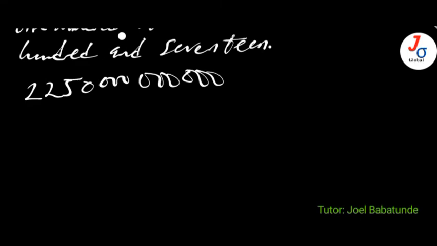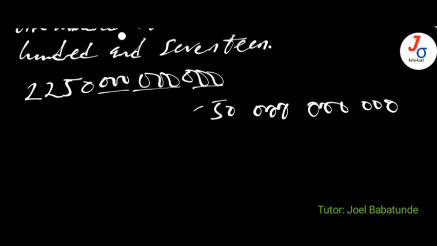How would you write this? I'm going to write this properly from the back, starting with 000, that's this, then 000, that's this, then 000, and that's this. Then you have 250, and that's this. Then you have 2.